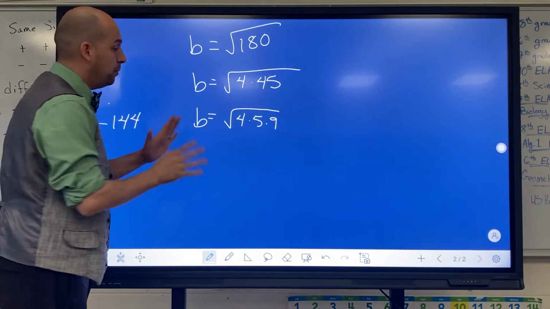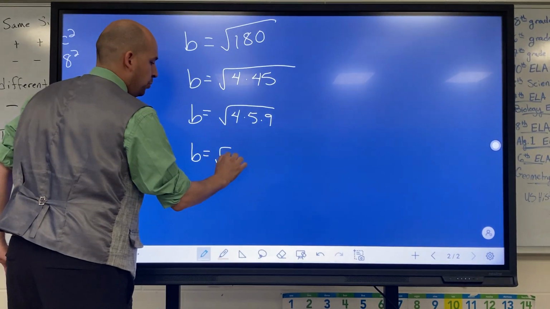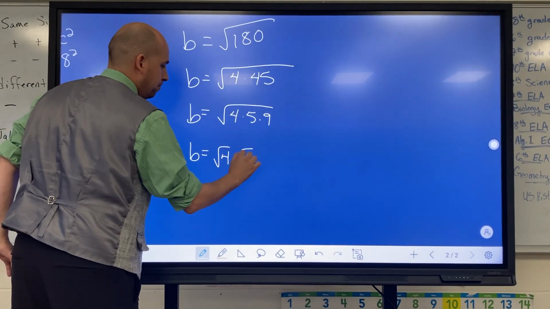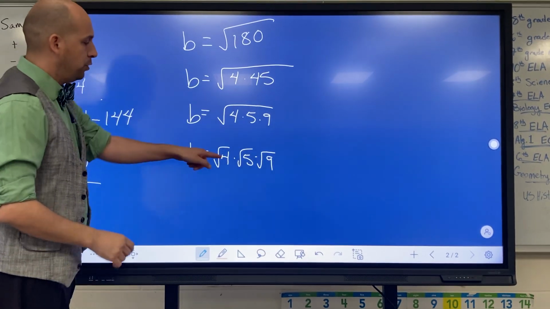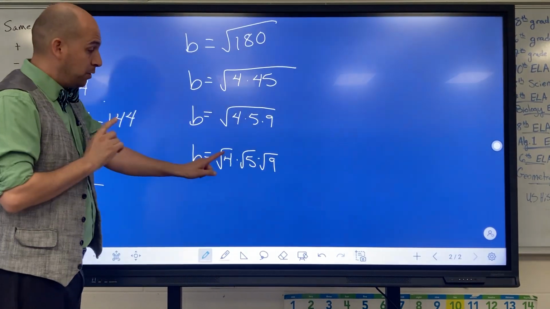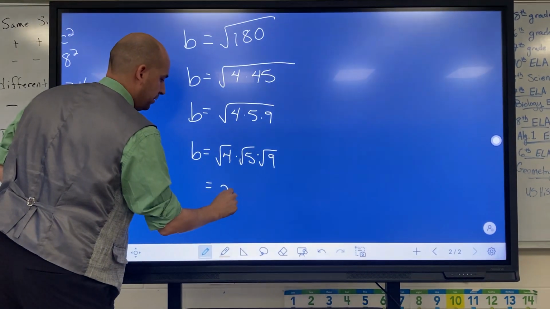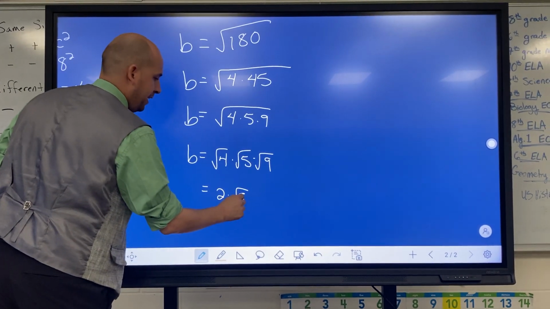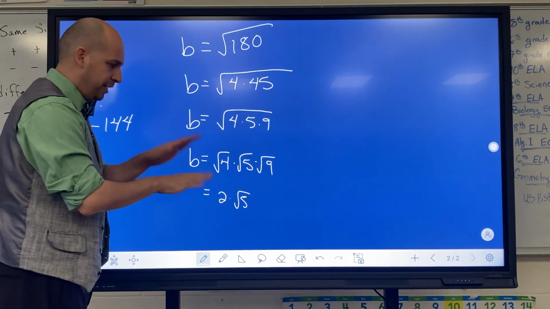Now, the way you simplify this is we're going to take the square root of each individual number, okay? All right? What two numbers that are identical multiply to get me 4? Well, 2. What two numbers multiply together to give me 5? Nothing. 5 stays exactly the way it is.